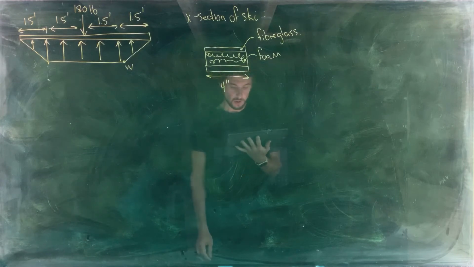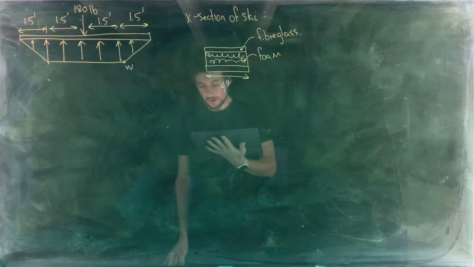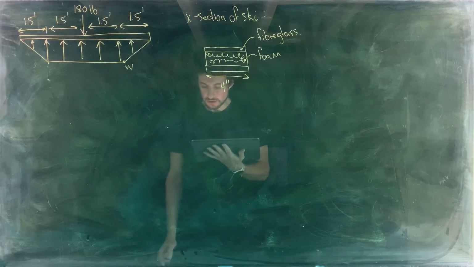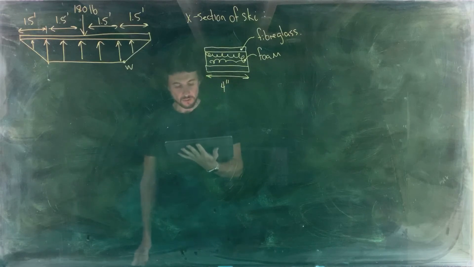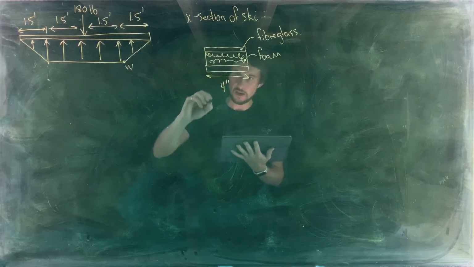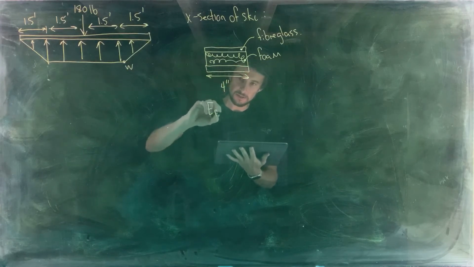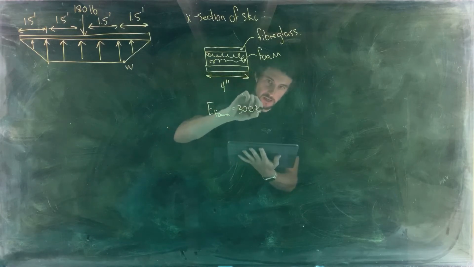I'm going to read the problem statement. A 180-pound man stands on a single ski. The ski has a foam core with a modulus of 300 KSI. So I'm going to write this E foam equals 300 KSI.